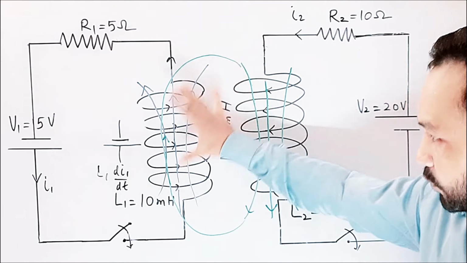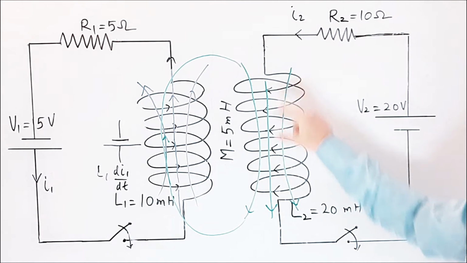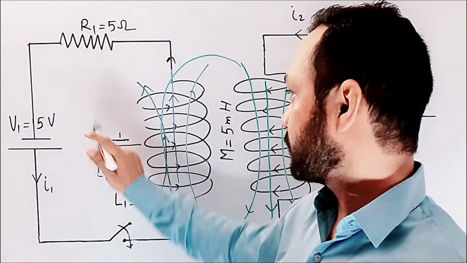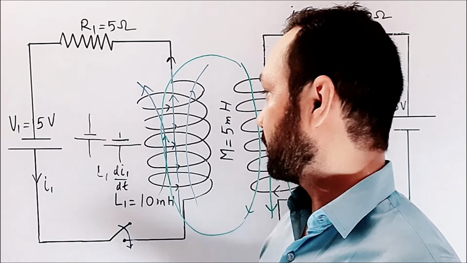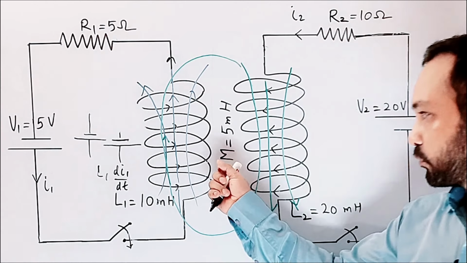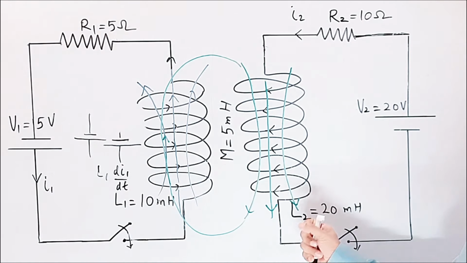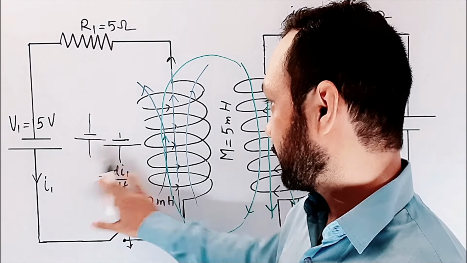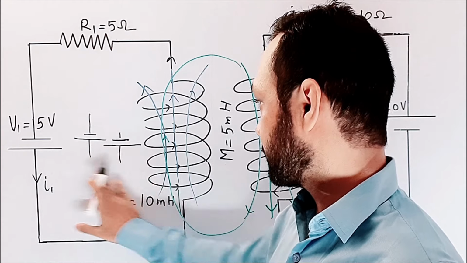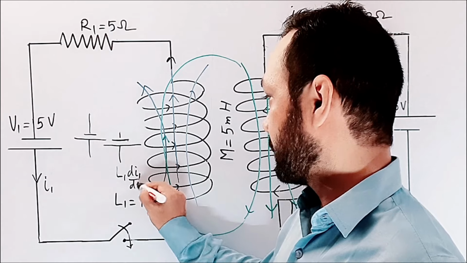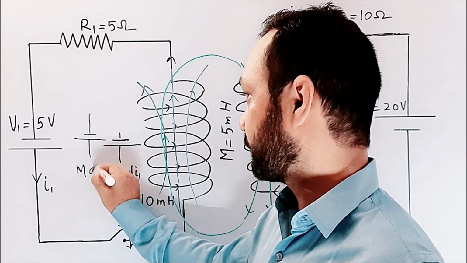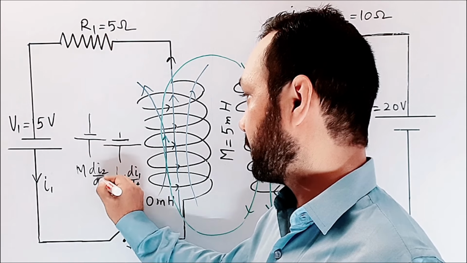So the induced EMF, because of the magnetic field coming from the current of the other coil, should also be like this. This induced EMF is the mutual inductance M times the change in current I2. I have less space, so first let me write: this was L1 di1 by dt, and this will be M di2 by dt, at time t.